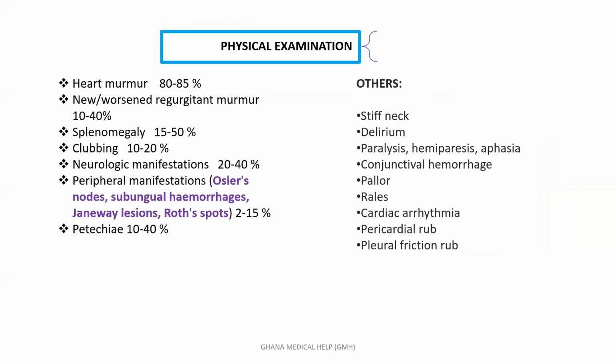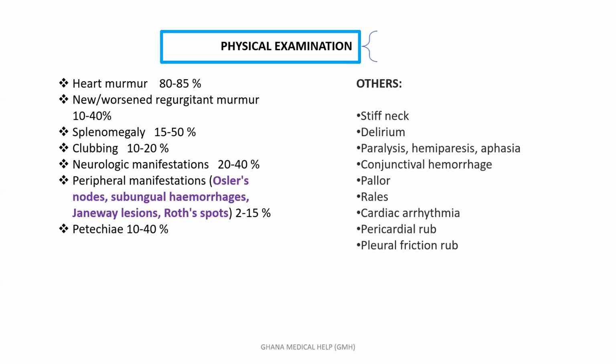So on physical examination, usually a heart murmur is picked up in about 80 to 85%. They come with murmurs. Then there could be a new or worsened regurgitant murmur, about 10 to 40%. Then there could be splenomegaly, clubbing, neurologic manifestations, and then also peripheral manifestations.